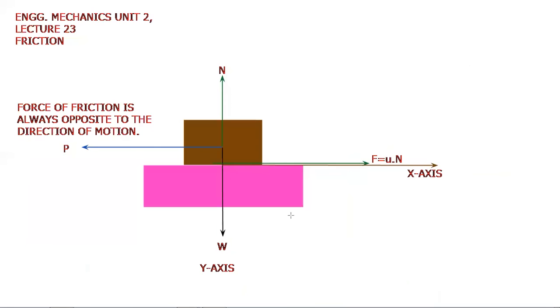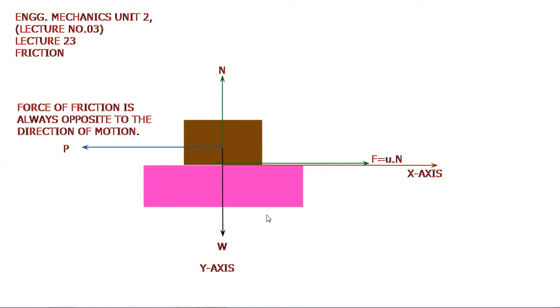So in this lecture number 23, the third lecture on unit number 2, basically this is for unit 2. In all three lectures, we have covered the very basic concepts of friction, and these concepts are very important.